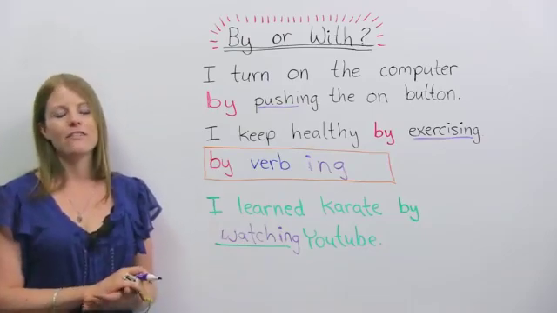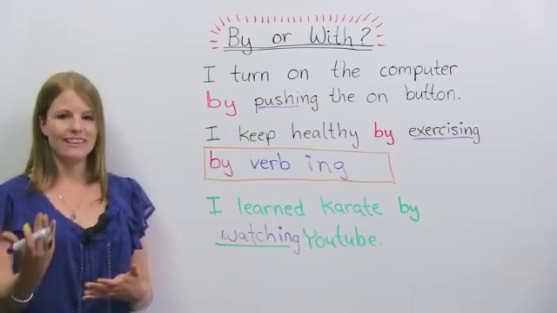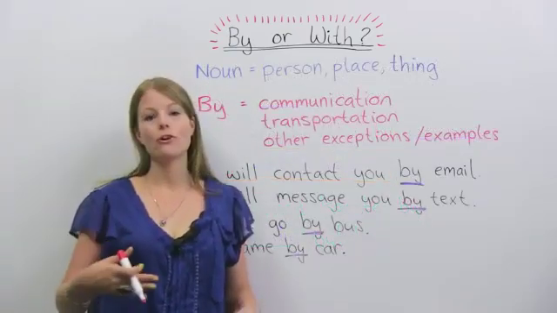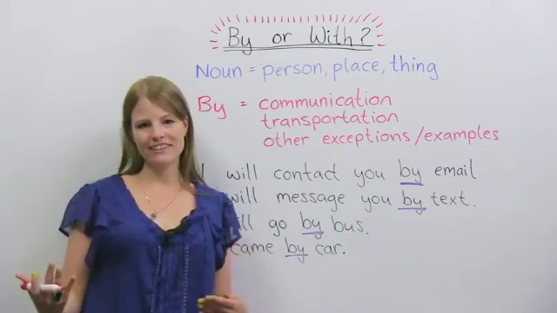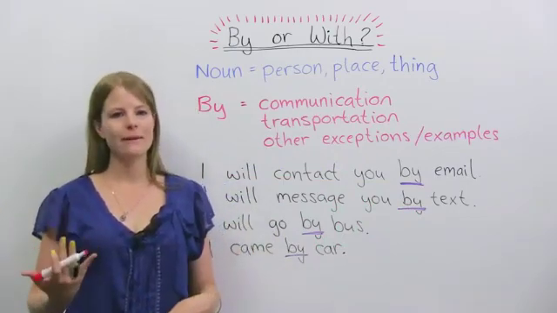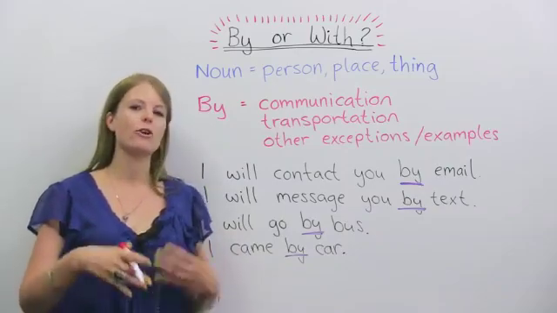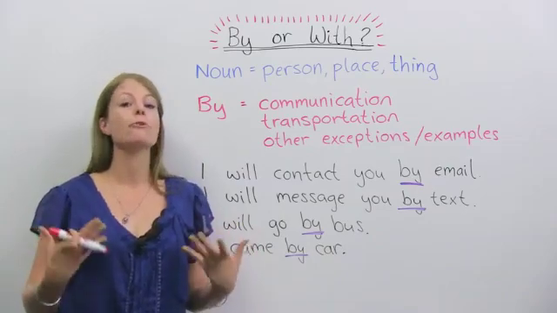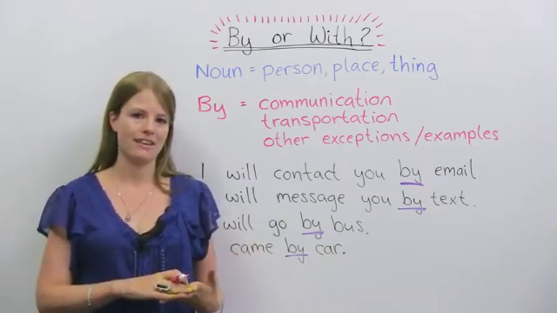Okay, now let's look at some more differences between with and by. So before I begin teaching you more about by and with, I just want to say that these are the general rules. And there are always times in English when rules are broken or when there are exceptions, okay? And so these are the most basic of the rules with by and with.